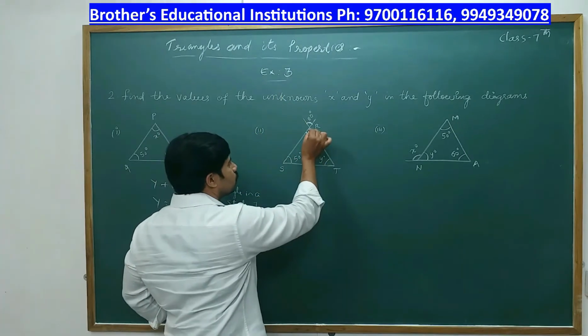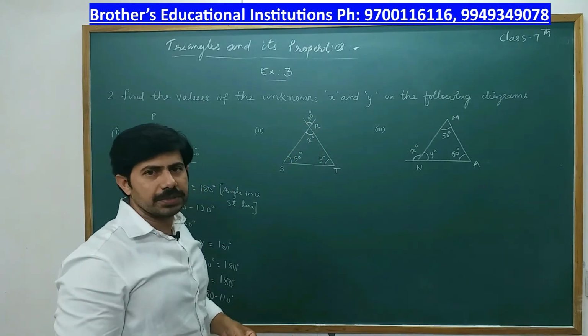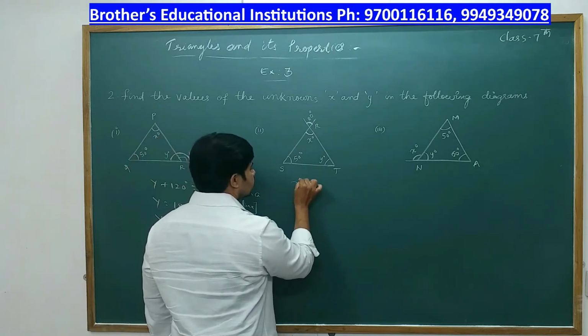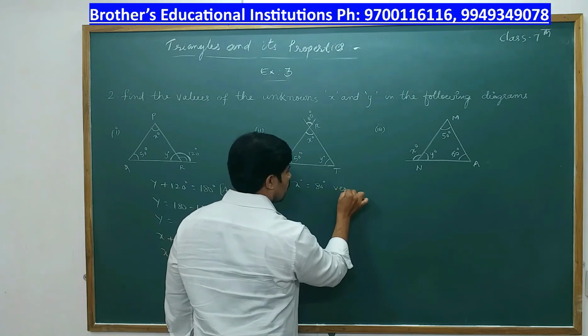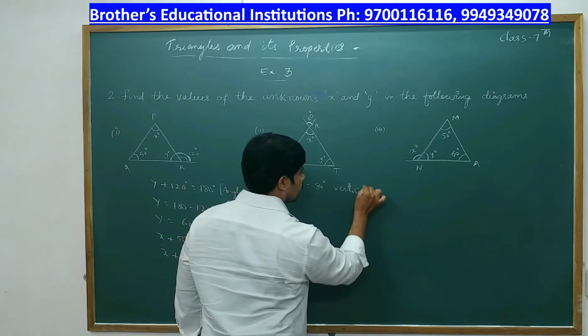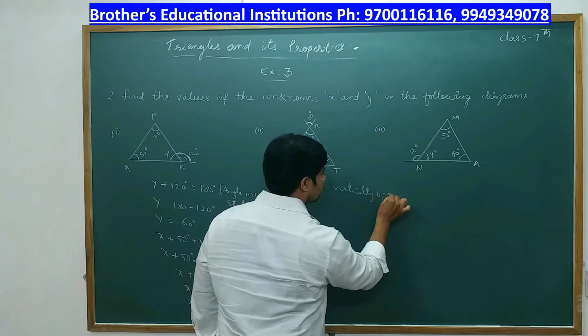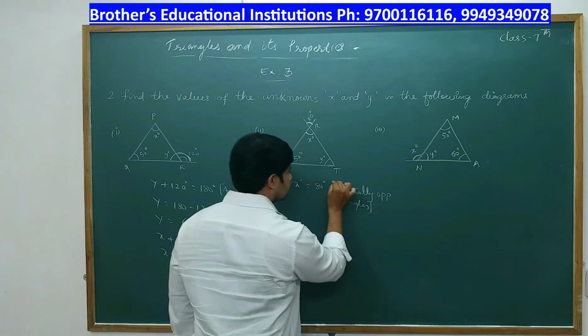So these two come under vertically opposite angles, and these vertically opposite angles are always equal. So here we write x is equal to 80 degrees. The reason is vertically opposite angles.